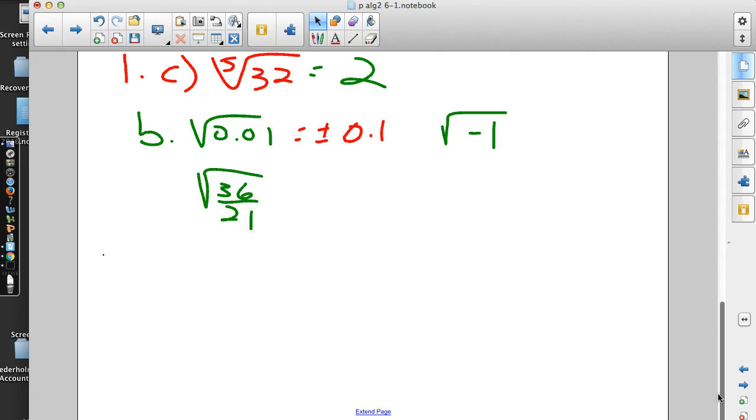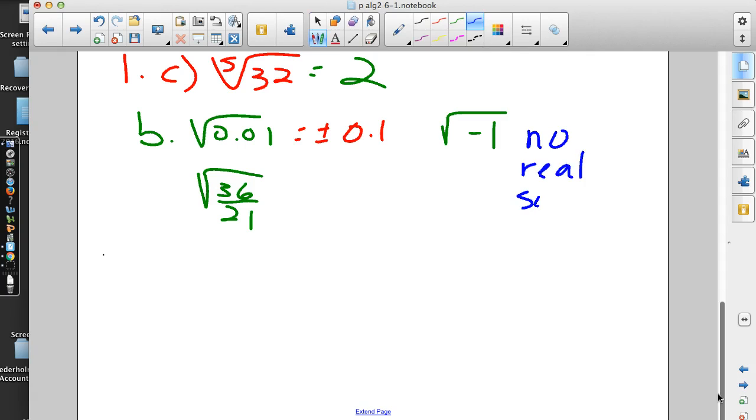So what is it? Is it -1? Is it i? Is it no real solutions? It's no real solutions. Remember, we knew this is i in the past, but we can't do that in this chapter. In this chapter, we're only concerned with the real solutions.